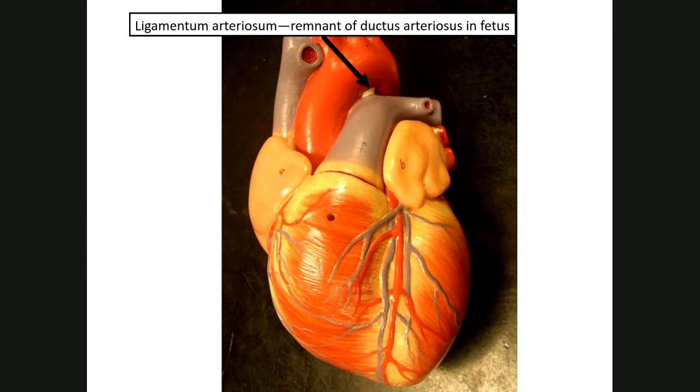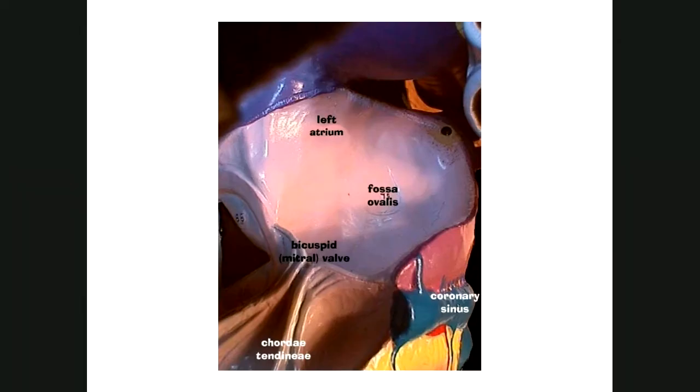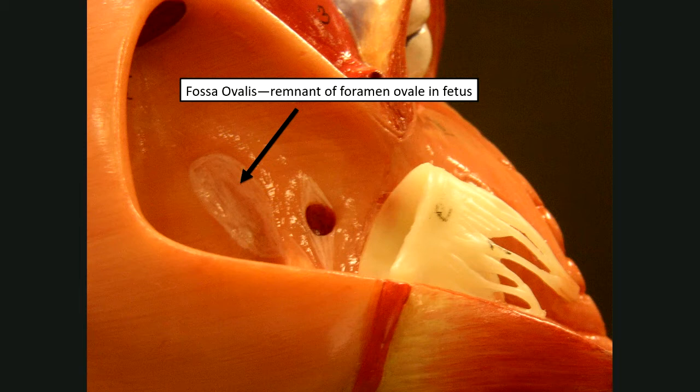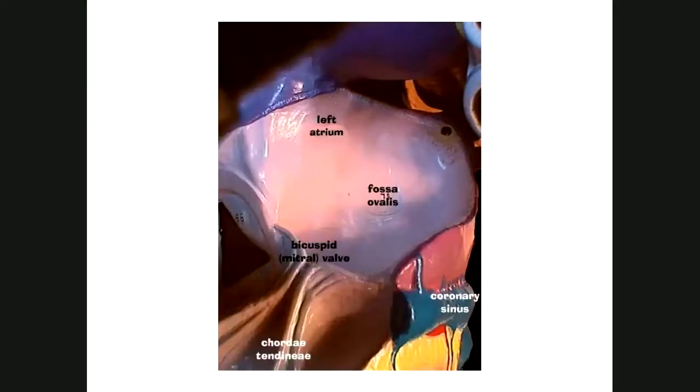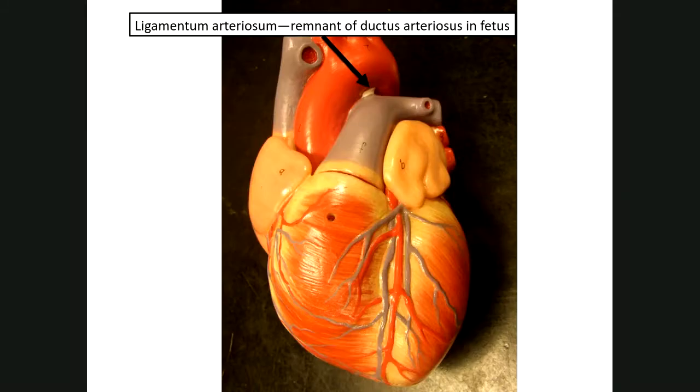So that's this ligamentum arteriosum. So we can see the fossa ovalis, which is a remnant of the foramen ovale. And we can see the ligamentum arteriosum, which is a remnant of the ductus arteriosus.